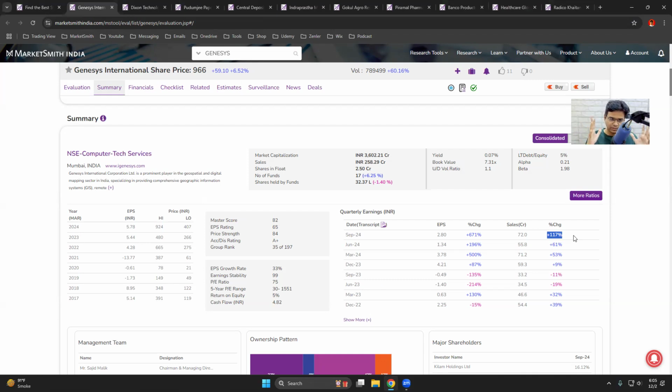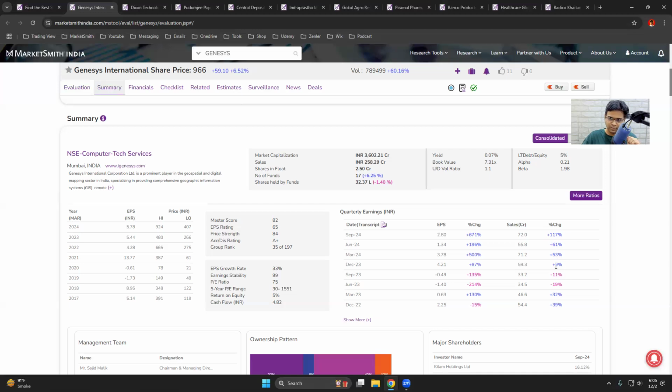He did research on 125 years of stock market data, and he found the characteristics of a leading stock. The majority of those leading stocks were displaying this criteria where this number was minimum 25%. That's point number one. Point number two, if this number is less than 25%, then at least it should be accelerating in the previous 3 quarters.